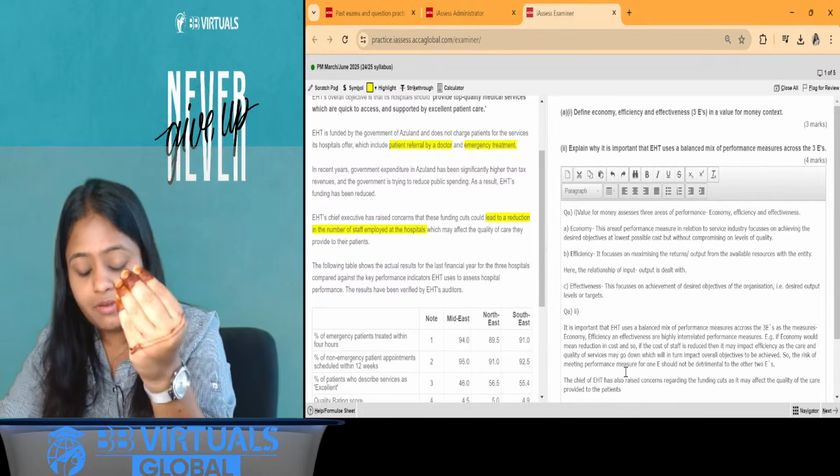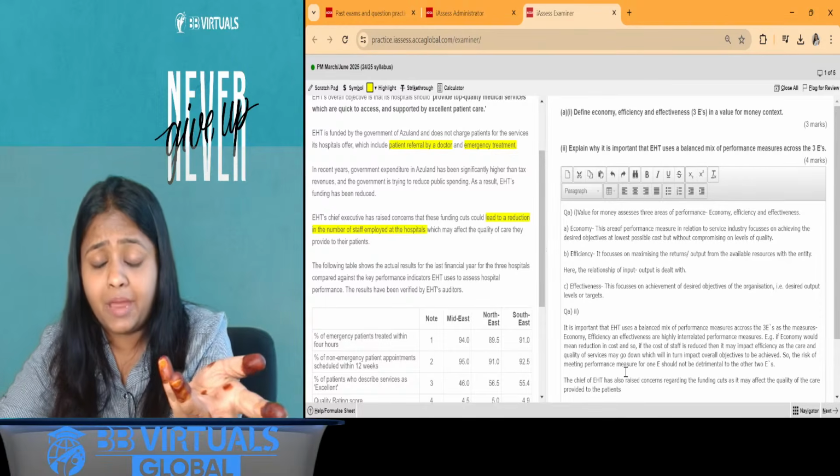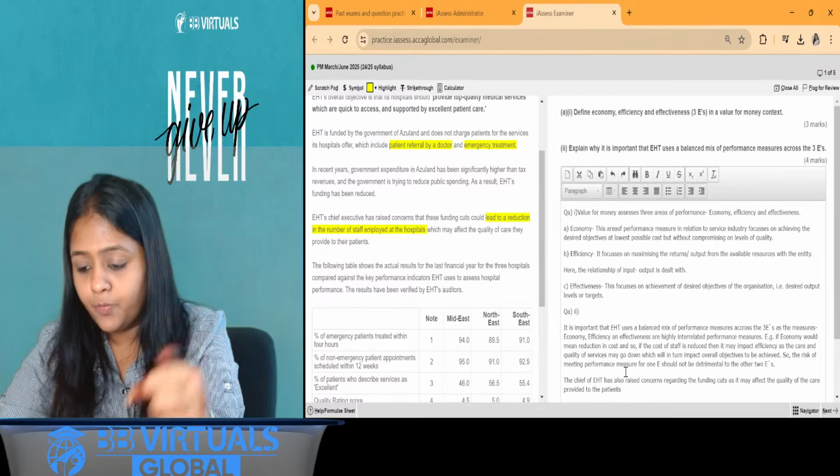As it will affect the quality of the care, it will impact the patients.